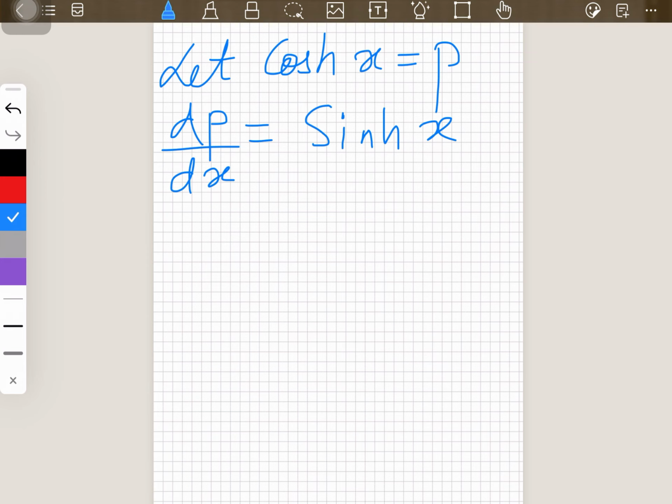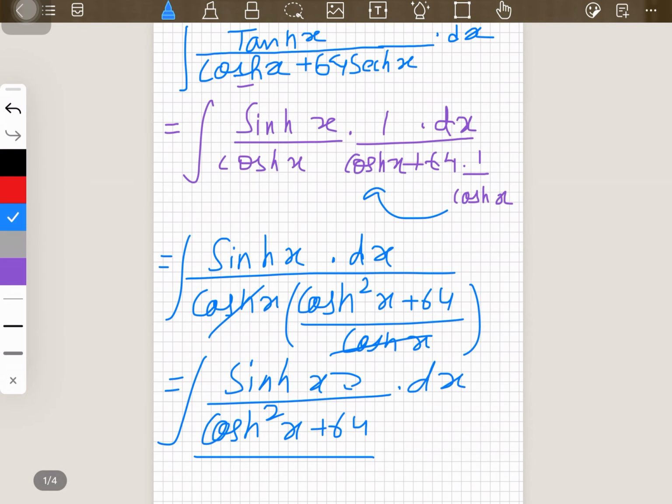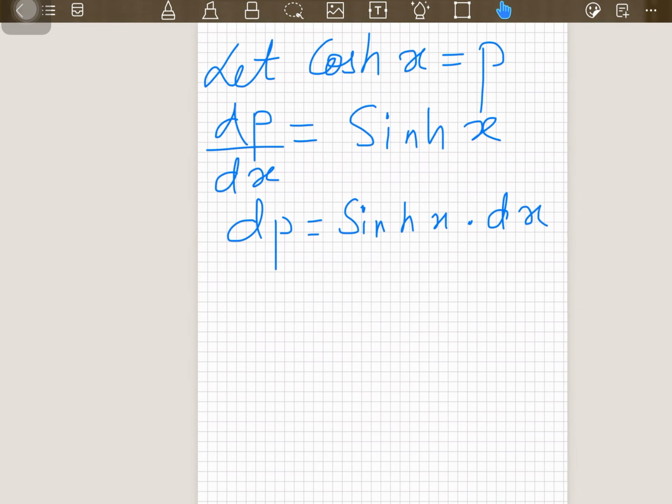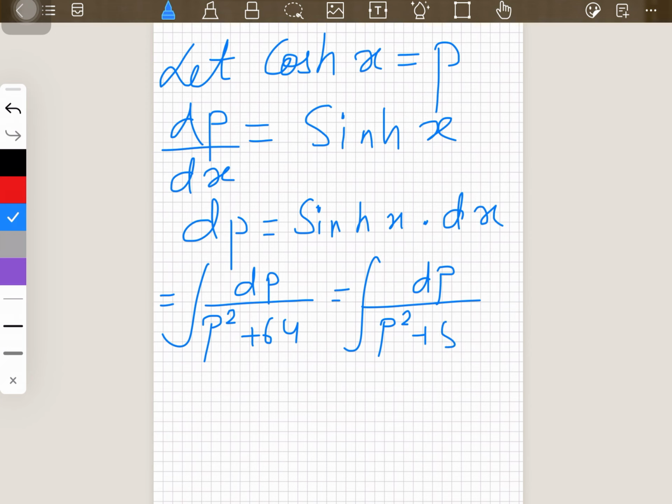So now dp is equal to sinh x times dx, and what we can see here is we have sinh x times dx, so we can write it as dp, isn't it? Yes, it is. So it is equal to dp over cosh square x is p square plus 64 remains as it is, equal to dp over p square plus 8 square.